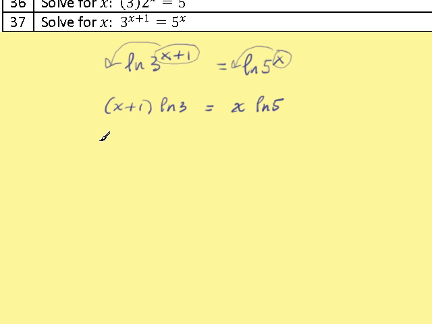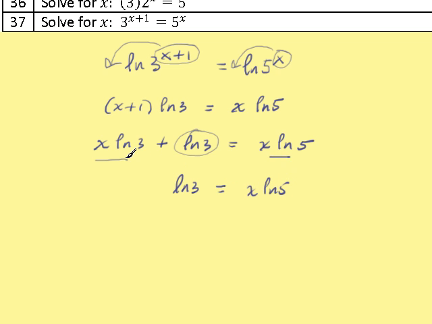Let's open parentheses here, and so we have x ln 3 plus ln 3 is equal to x ln 5. Now at this point, everything that has x put on one side of the equation and everything without x on the other side. So we'll accomplish this by subtracting x ln 3 from both sides. So ln 3 stays on this side. Here we have x ln 5, and then subtracting this from both sides, we have minus x ln 3.